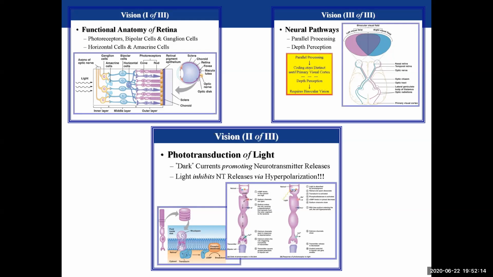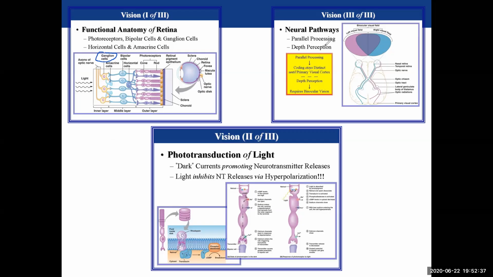Those axons belong to the ganglion cells, the only type of neurons in the retina capable of generating action potentials. Every other type in the retina only produces graded potentials.